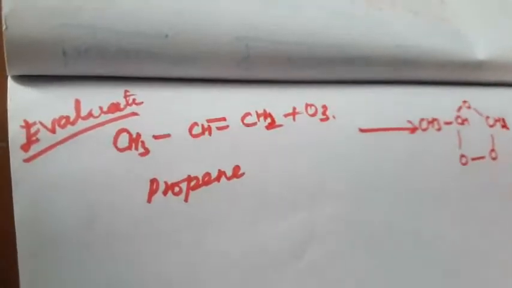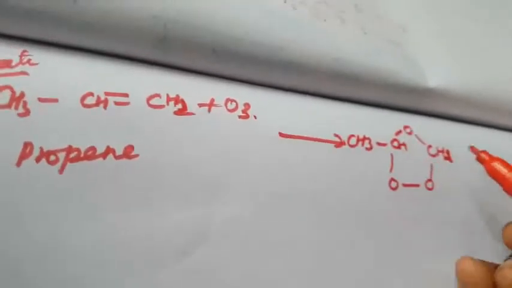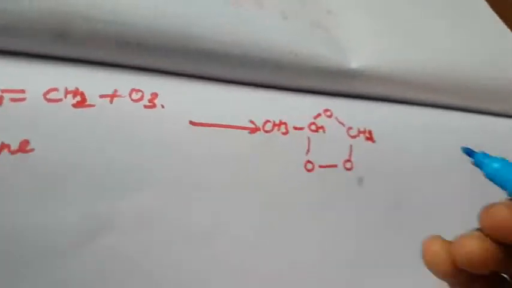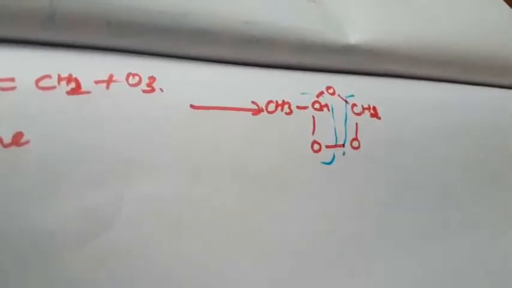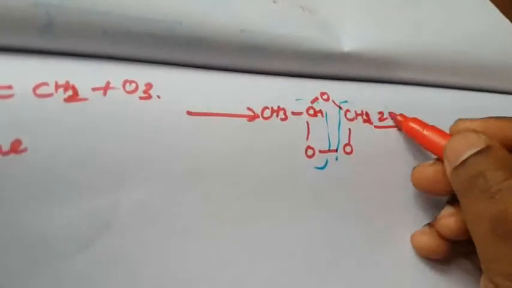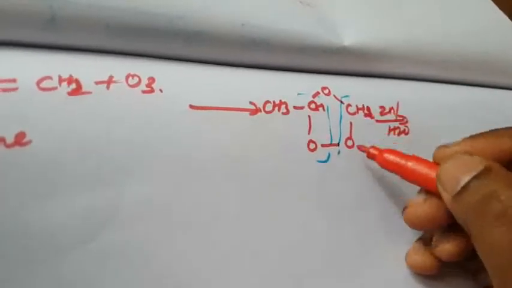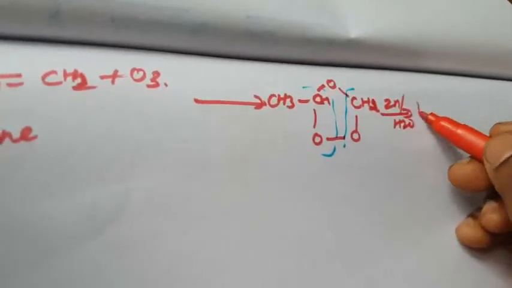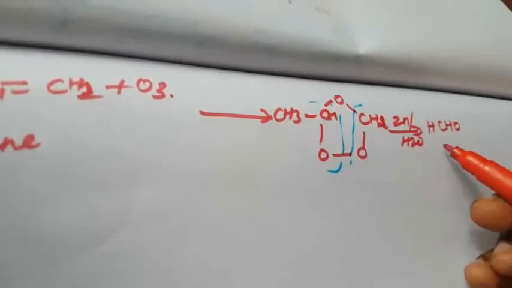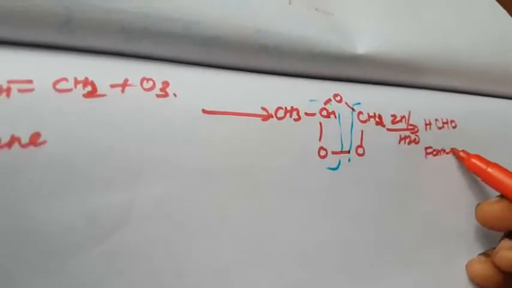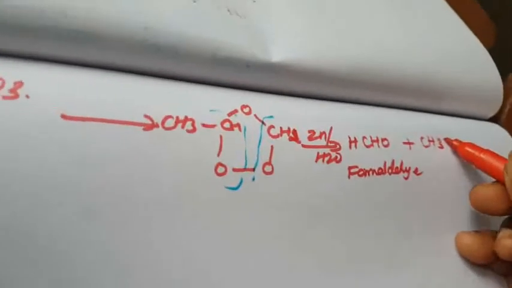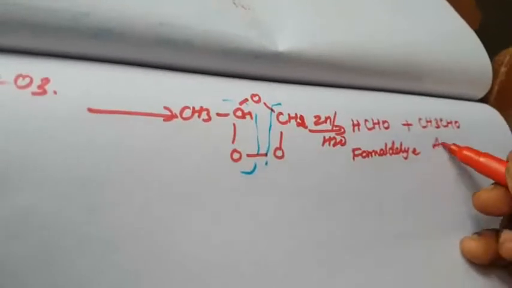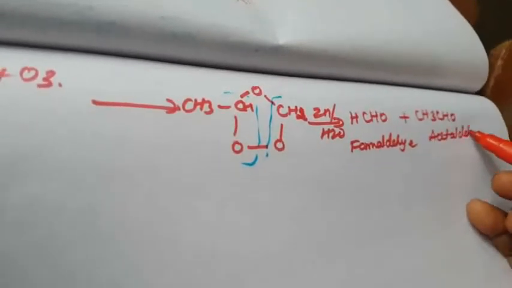So now the bond will break down in the presence of zinc and water molecule. What is the formula? CH2O, that is HCHO. What is this compound name? That is formaldehyde. Again CH3CHO, that is acetaldehyde or ethanal.